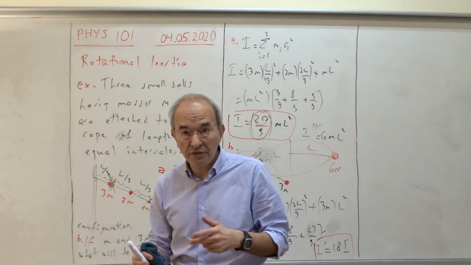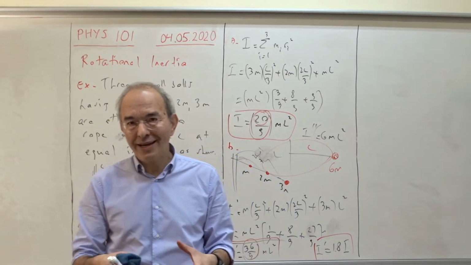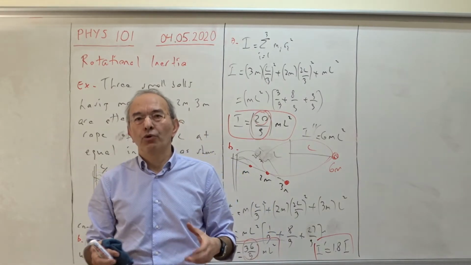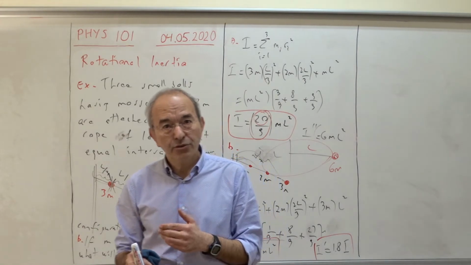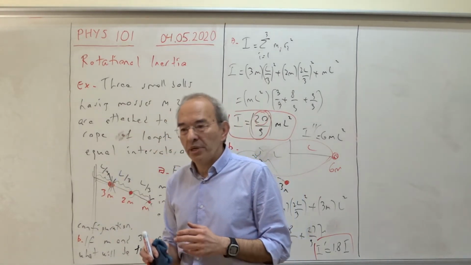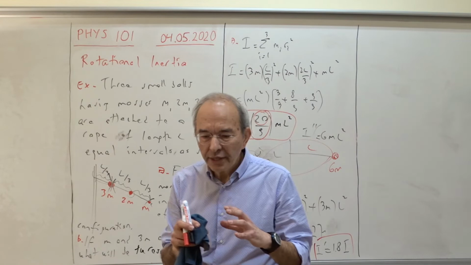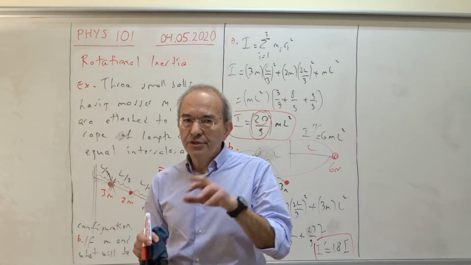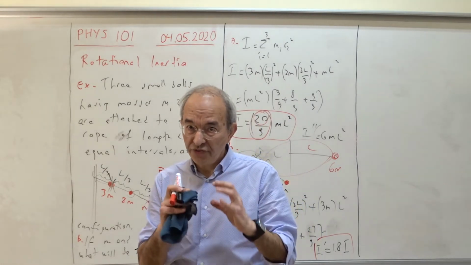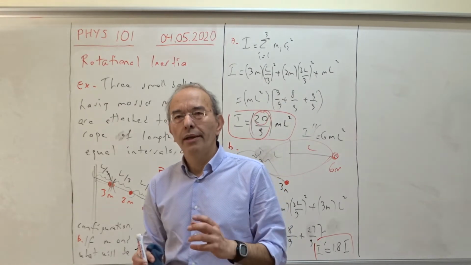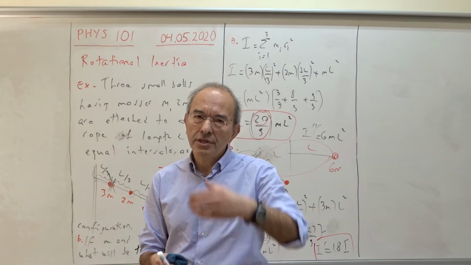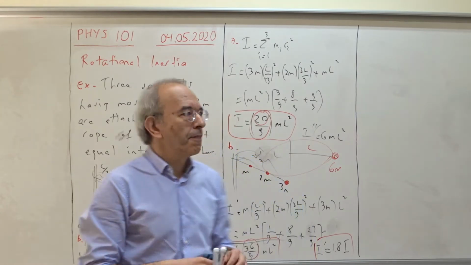In Physics 101, we will not be dealing with squares or rectangles or cubic objects. Of course, we do those in the classical mechanics courses in the physics departments, but in Physics 101 we are limited to either the solid filled sphere or the spherical shell, which is empty like a ball, or a disk or a rod, cylindrical objects.